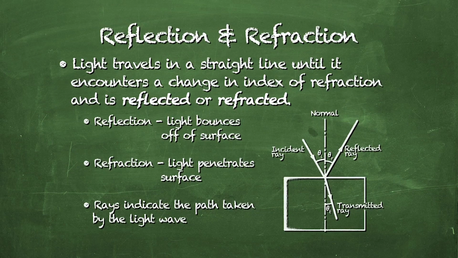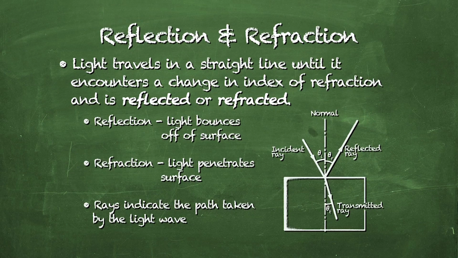This could be, for example, the interface between air and a piece of glass. So the shaded region could represent a pane of glass and the unshaded region could represent the air. And we have an incident ray coming from the air. It encounters the surface of the glass and two things can happen.